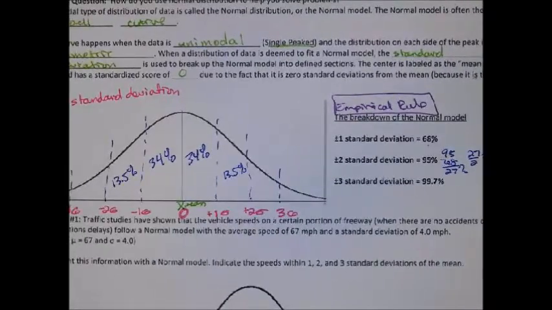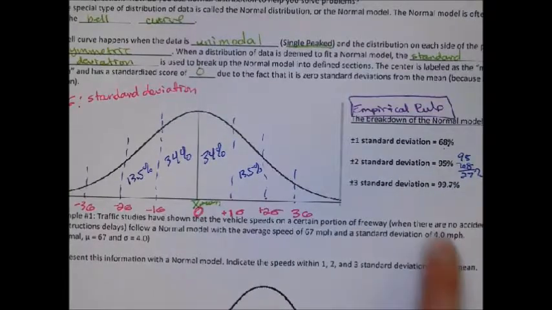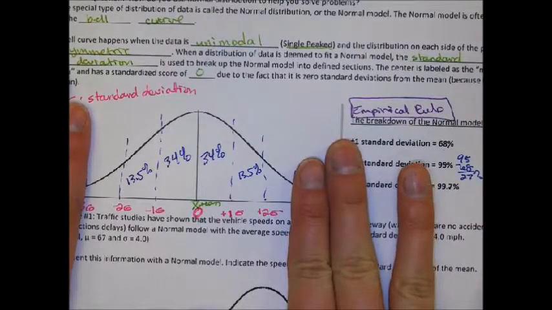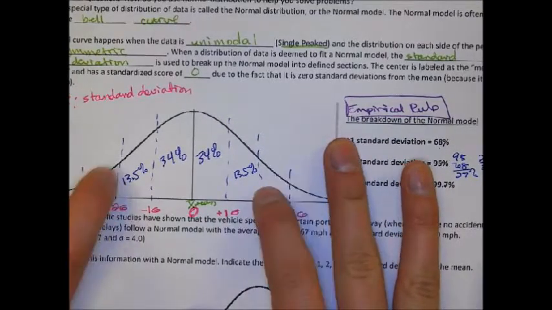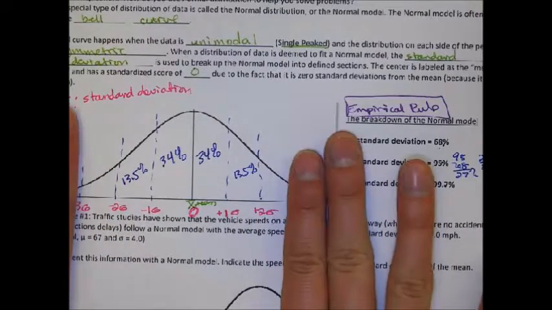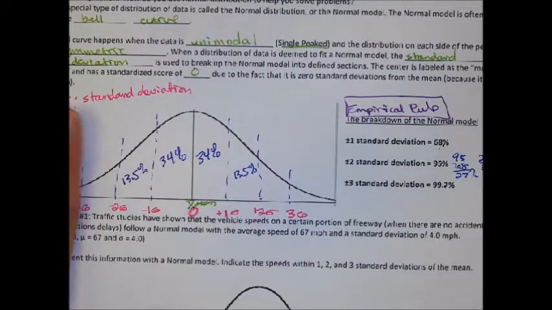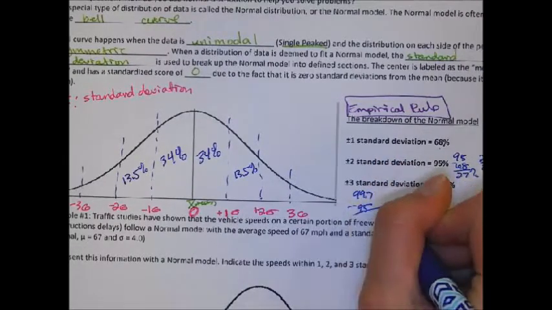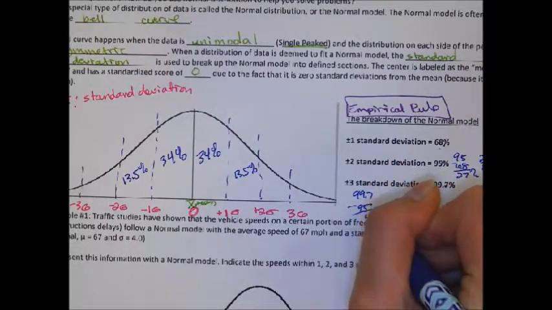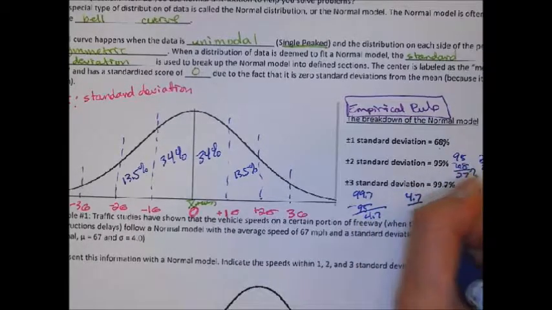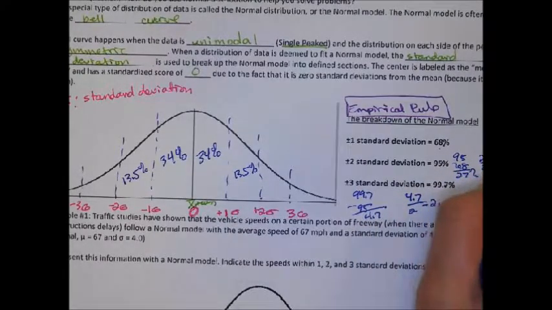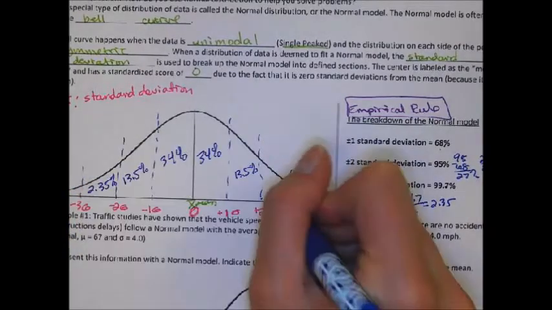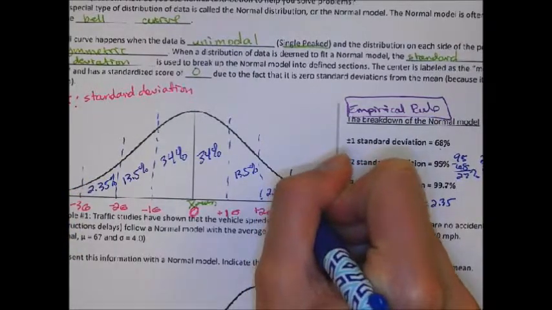So now I have 99.7% within here. I want to figure out how much is here. So I'm going to do 99.7 minus my 95, and I get 4.7. When I divide this by 2, I get 2.35. So 2.35% is here, 2.35% is here.